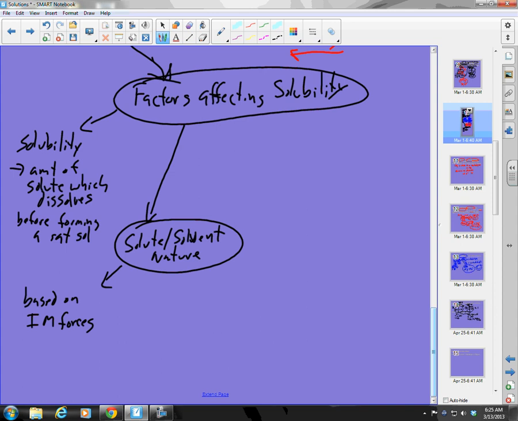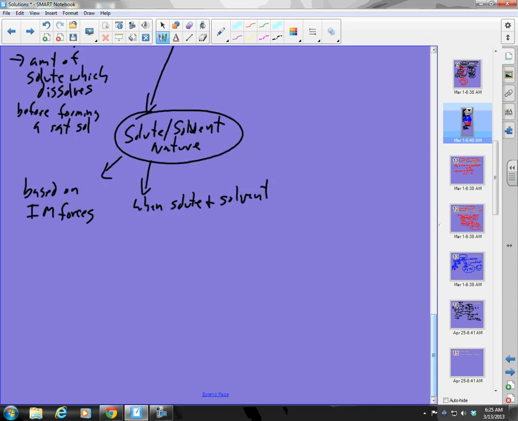And what we mean here is, when my solute and solvent have similar IM forces, then the solubility tends to increase.